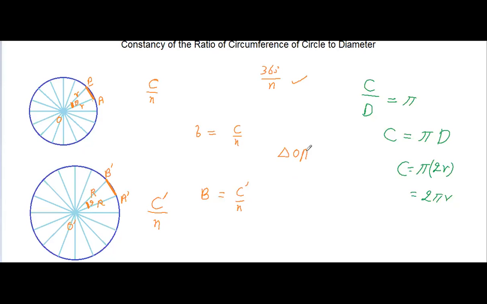Triangle OAB is similar to triangle O dash A dash B dash. If it is not clear to anyone, please let me know why. What criteria of similarity?